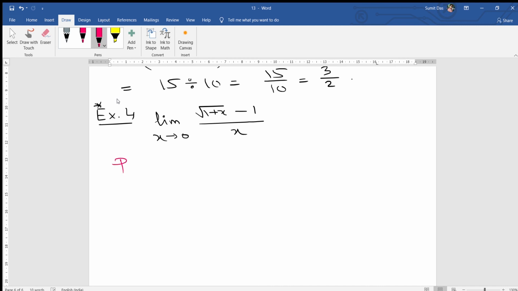Like in trigonometry, we did substitution. Put y equal to 1 plus x. So here it will be limit, square root of y minus 1. If y equal to 1 plus x, what is the value of x?